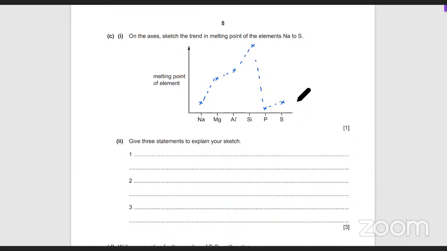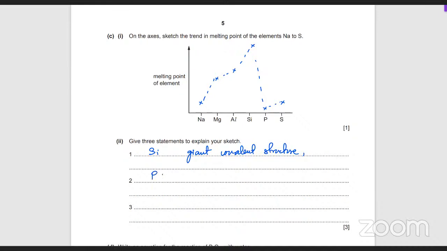So given these statements, you have to explain the entire structure. We can start with silicon. Tell them that it's a giant covalent structure with strong covalent bonds.